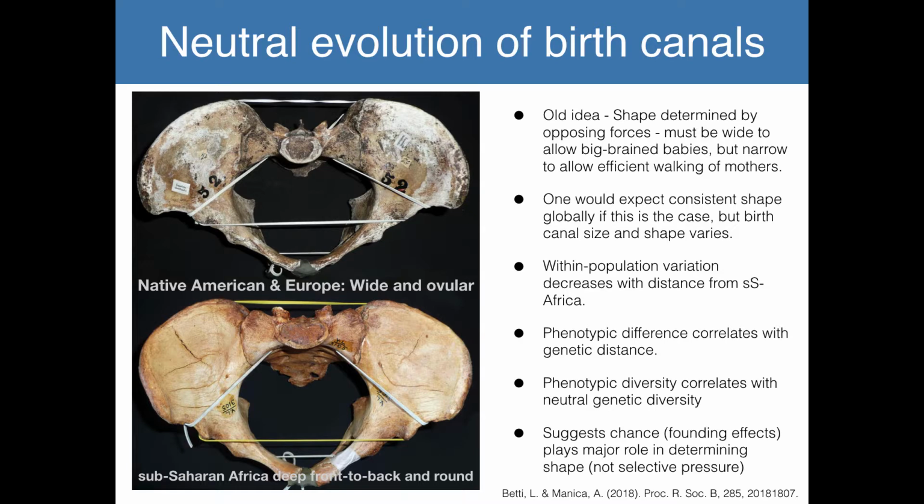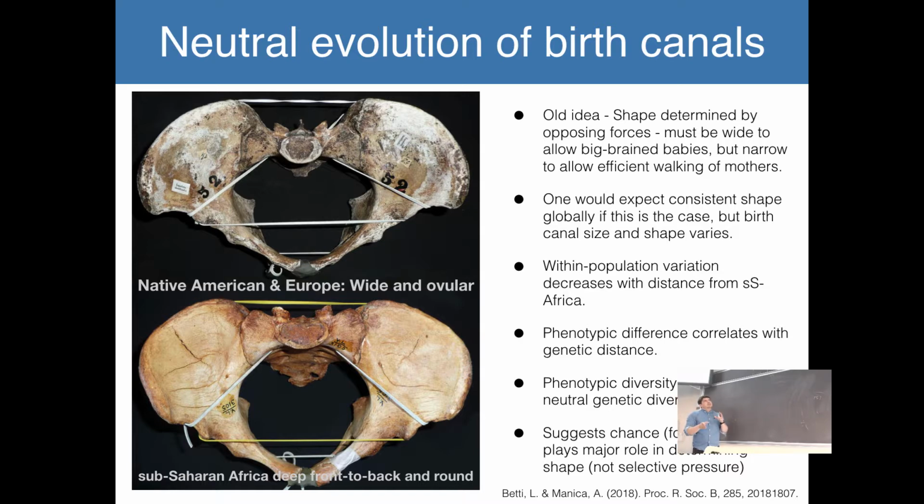Within those populations, the amount of variation declined as you moved away from the birthplace of humans. This is consistent with the idea that every time human populations move on to a different place, it's a subset of the ancestral population with reduced genetic diversity. So this is a statistical sampling type of thing going on.